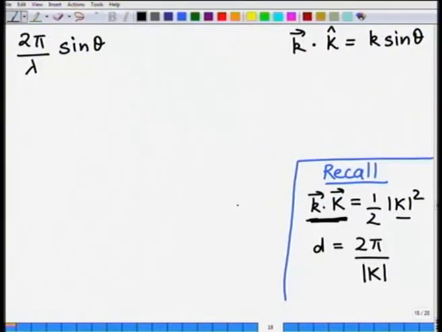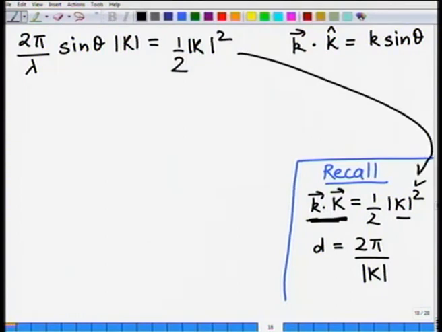If this is k sin theta, then I have another magnitude of K I should write here, and then half. I am substituting all this into this equation. So half K magnitude squared, and then I should have written 2 pi by lambda sin theta equal to half K magnitude.